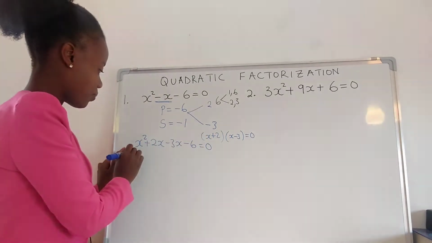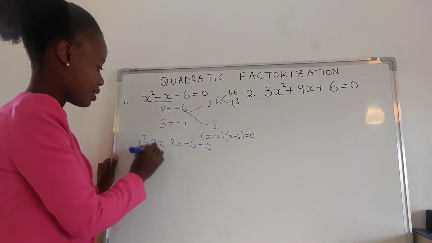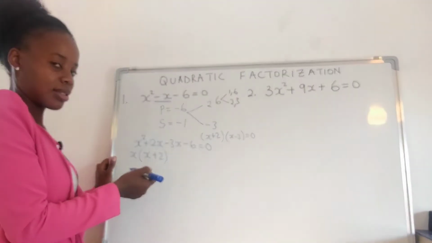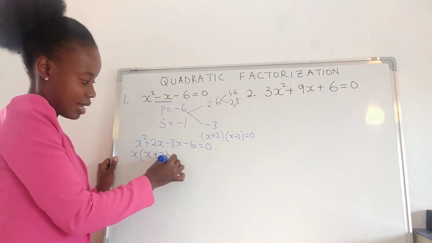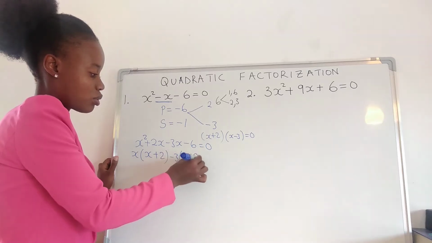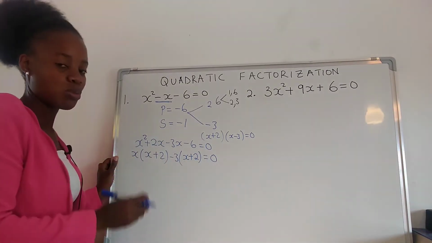The common factor here is x, so we factor out x and we have x plus 2. Here, the common factor is negative 3. We're going to have x plus 2. The ones inside the bracket are supposed to be the same.